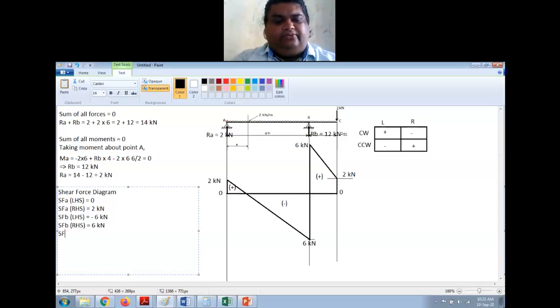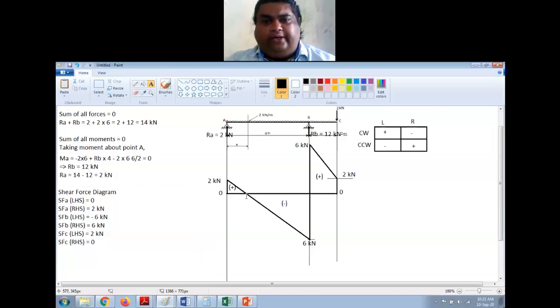Then SFC LHS, left hand side of C, is plus 2 kilonewton, and SFC on RHS is equal to 0. You have to write like this from the shear force diagram. Now I need to find this location.